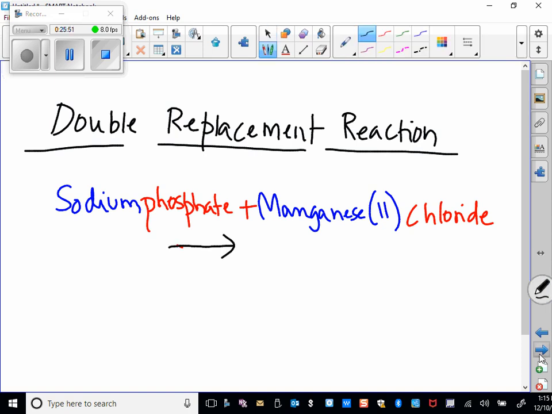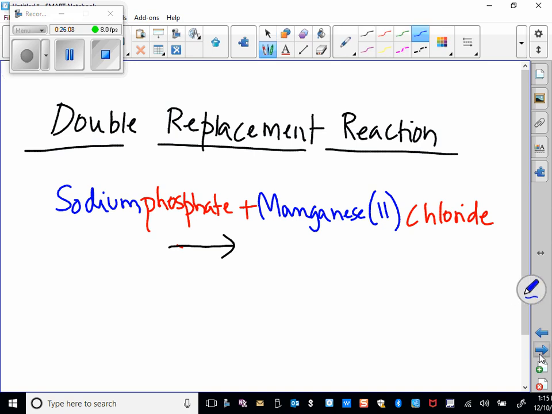What will be the products of my reaction? Sodium chloride, and you can't put phosphate with manganese. What will you put? Metal first. Manganese 2 phosphate.